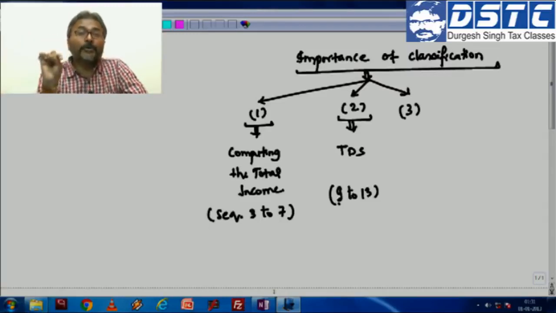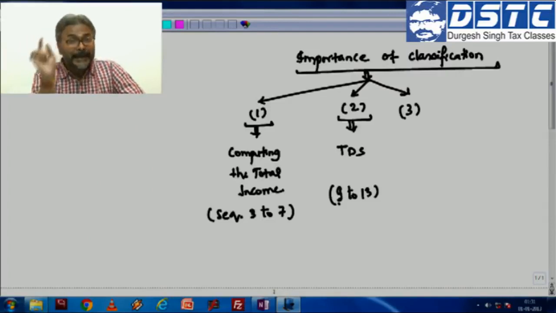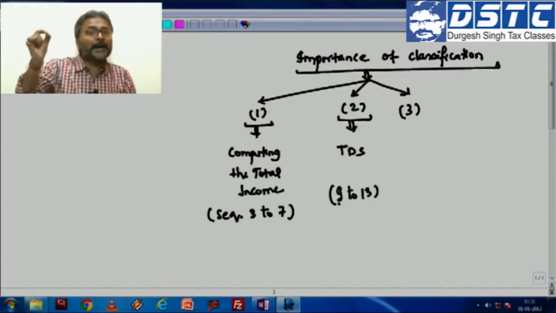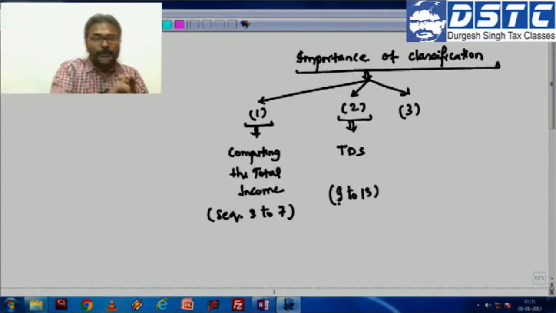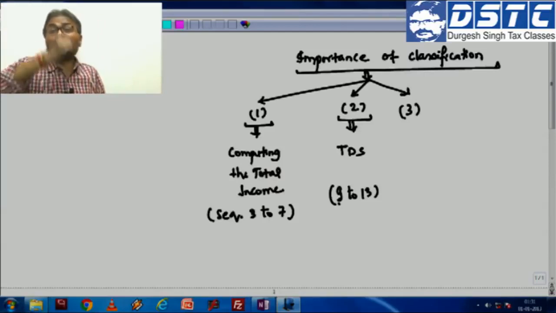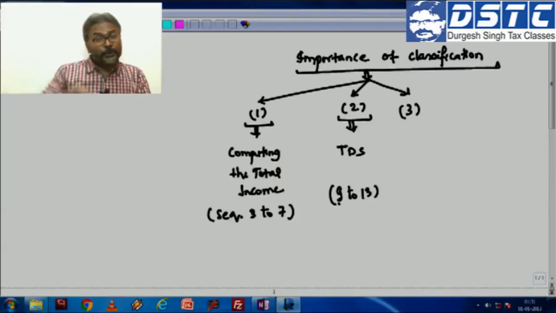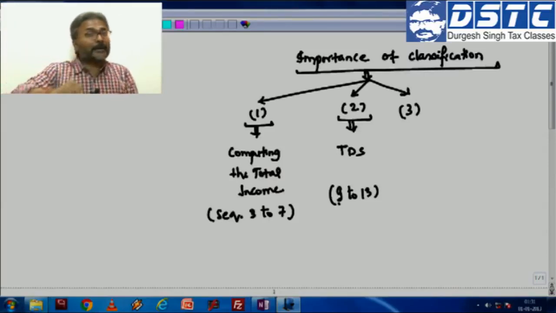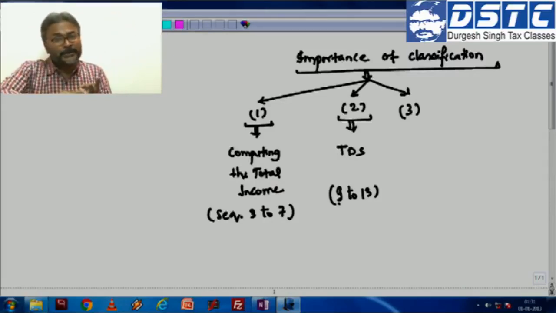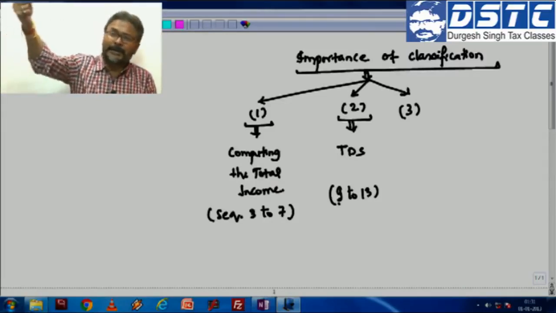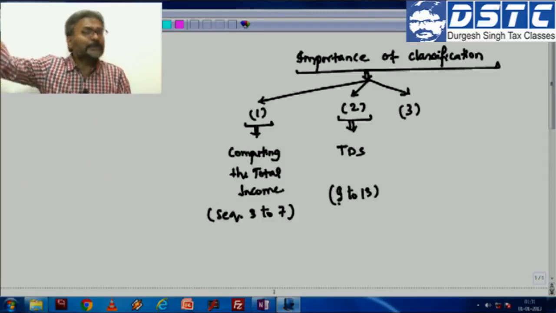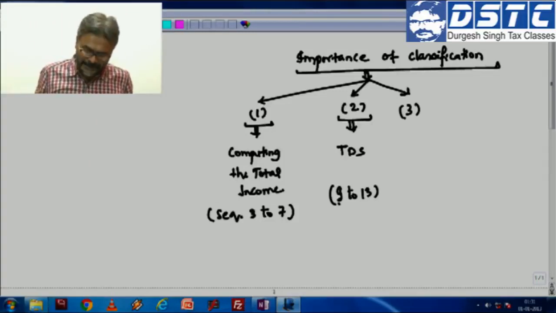So therefore, it is important that the amount which has been paid to the non-resident should be in the nature of salary if the target is 9(1)(ii), in the nature of interest if the target is 9(1)(v), in the nature of royalty if the target is 9(1)(vi), or in the nature of FTS for 9(1)(vii).